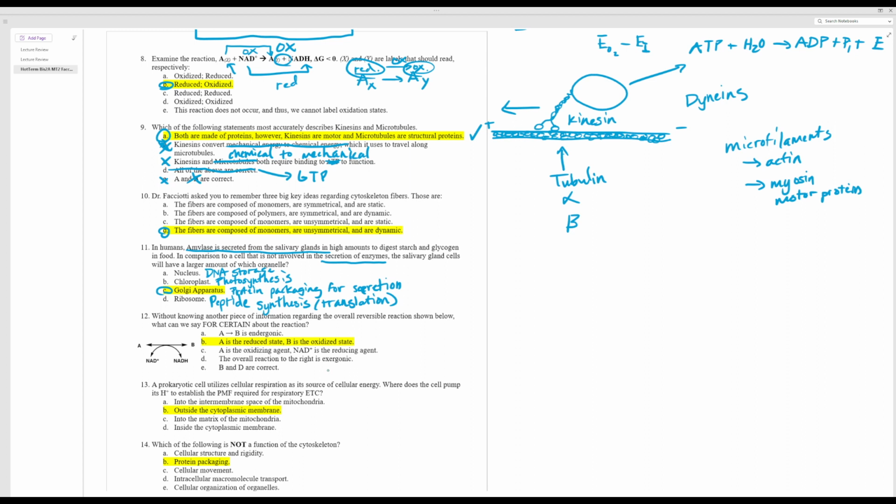What this is trying to teach you is to not get sucked into this idea that NAD plus to NADH is very, or what I often hear from students is, oh, NAD plus to NADH, this reduction is endergonic. This is not true.